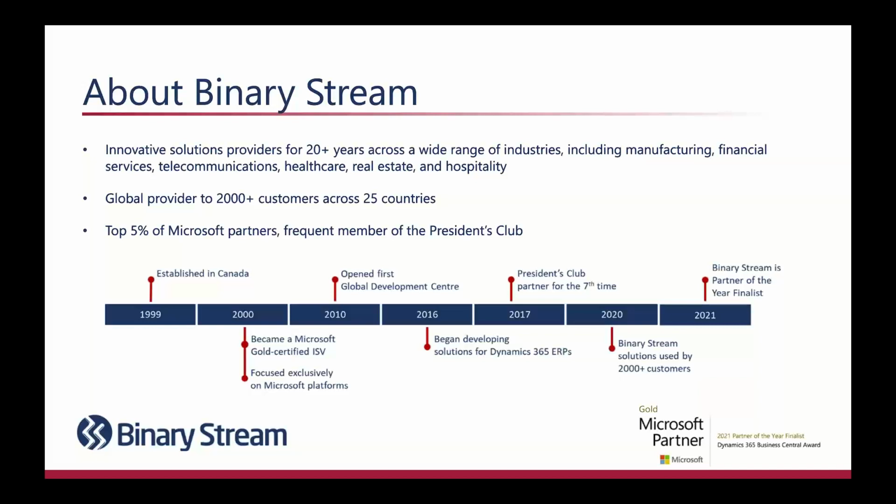When we look at the demo for property management, we're not going to see something that's being piped in, updated at night. We're going to see something that's very user-friendly, that looks like the rest of GP and feels like the rest of GP, because it's actually coded like GP. So you can see the timeline there. You'll have access to this particular PowerPoint anyway, so I won't read that all off to you, but you'll notice that we've been tied very, very closely to Microsoft for a very, very long time.